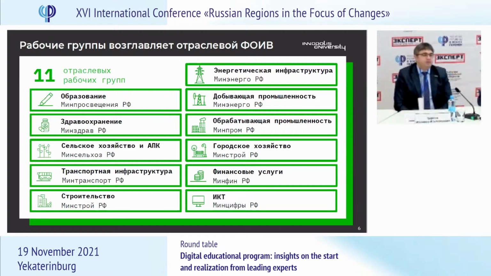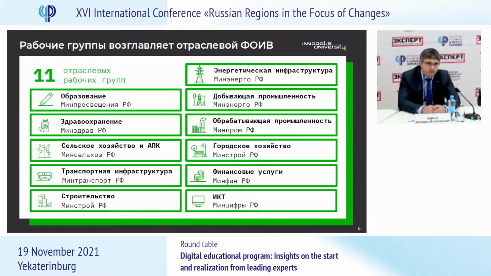Speaking about the work we are doing, it was a very right decision to divide into 11 working groups according to top priority industries. As IT people, we understand what's going on in the world in terms of IT. But there are specific features in Russia, and Russia has its own priorities. So we decided that we had to establish a working group for each top priority industry.